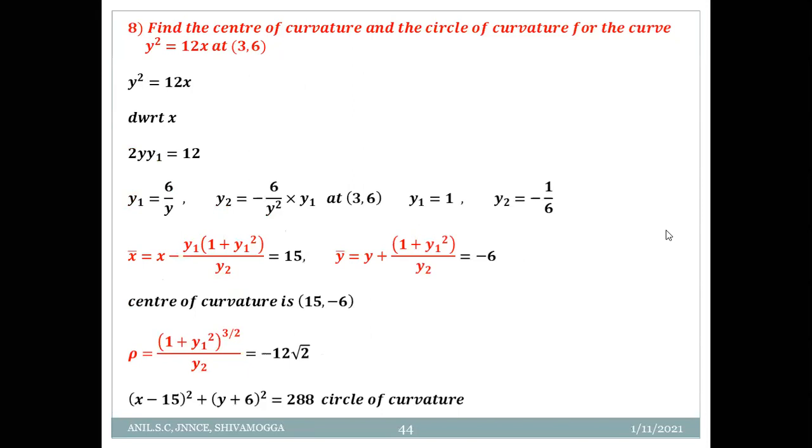Next, try this one. For a similar problem, find the center of curvature and the circle of curvature for the curve y square is equal to 12x at 3, 6. I expect all of you to solve this problem by yourselves.